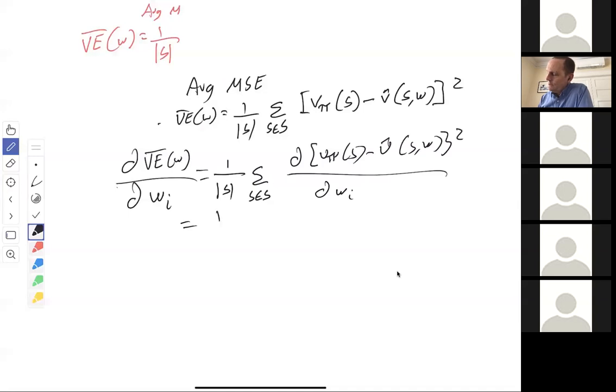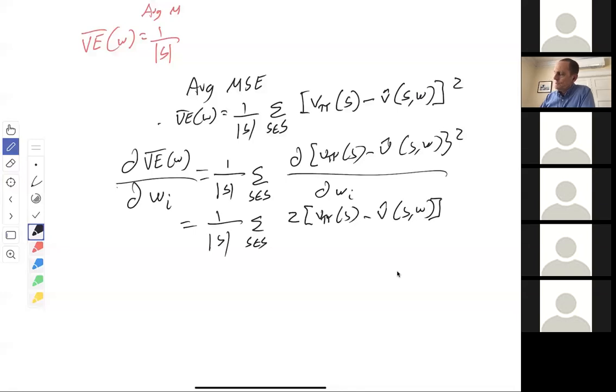And this equals, now if we take the derivative of this, we can just use the chain rule. This is 2 times v pi of S minus v hat of S comma W. Garrett, what else do we need for our derivative?